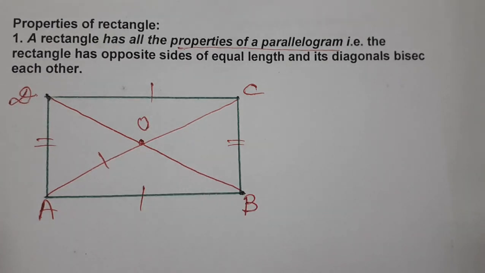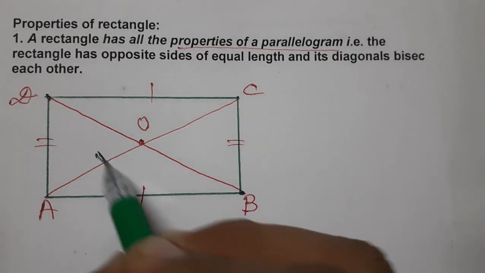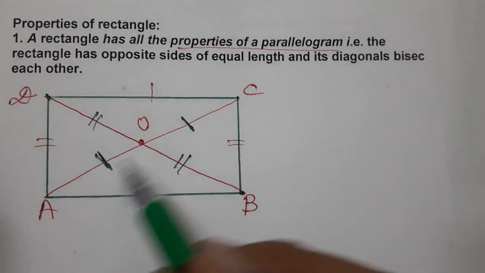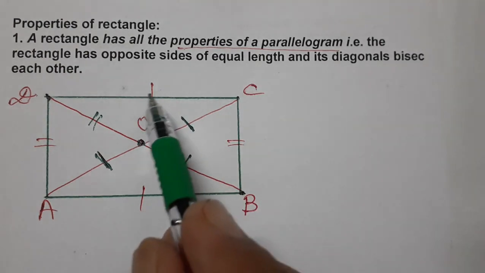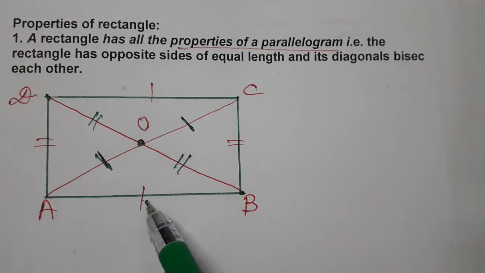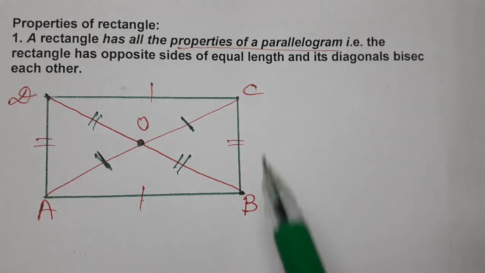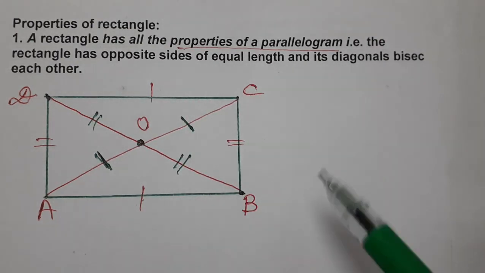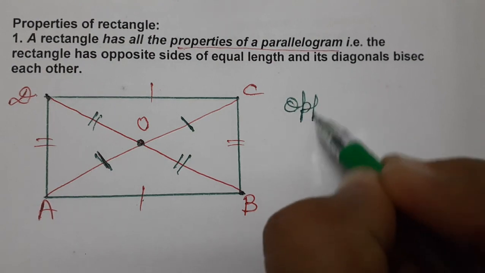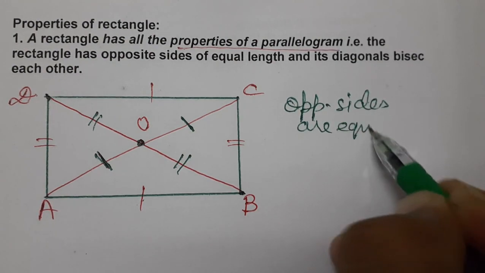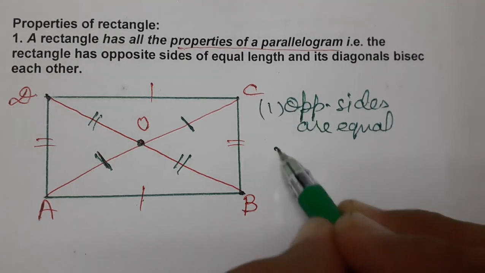These diagonals are equal, diagonals bisect each other, and opposite sides are parallel as well as equal. Opposite angles are also equal. So it has all properties of a parallelogram. Opposite sides equal, first.